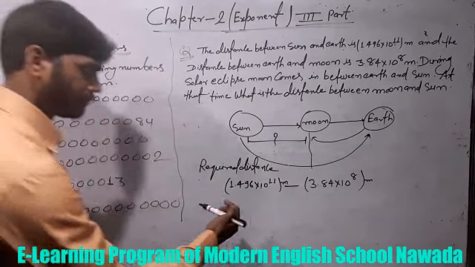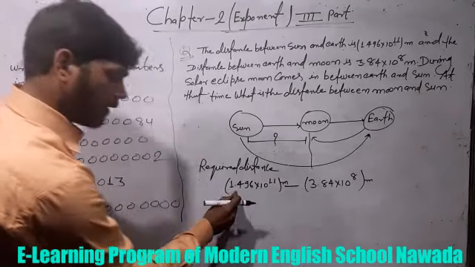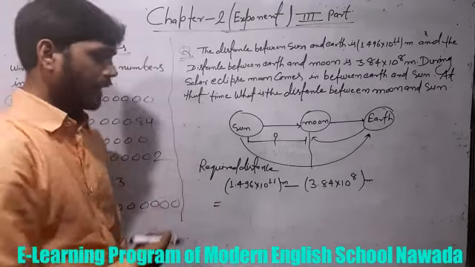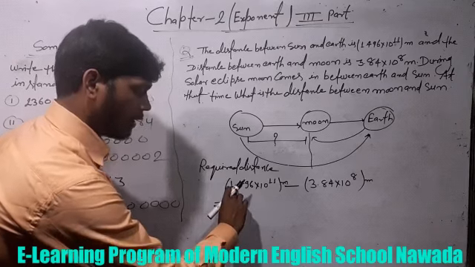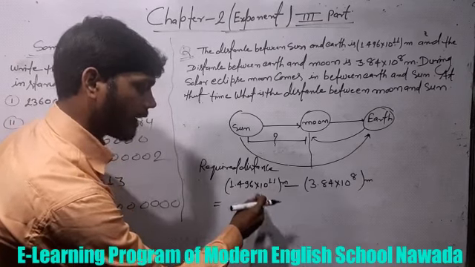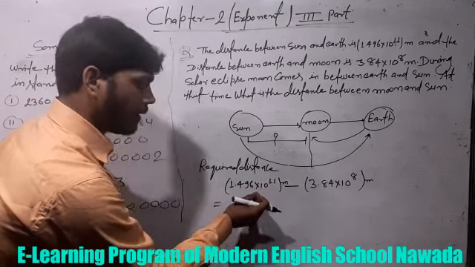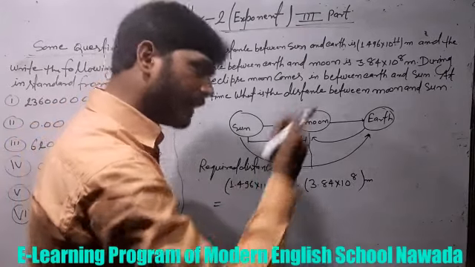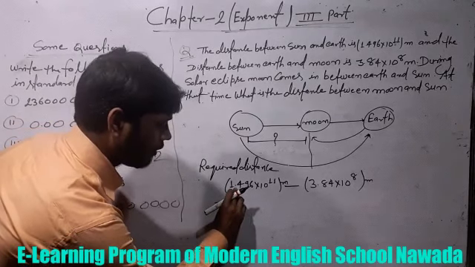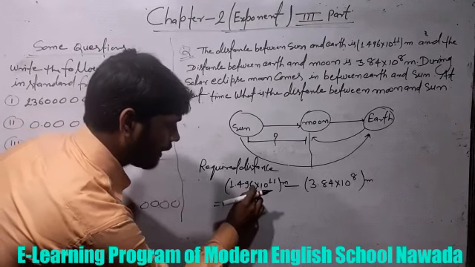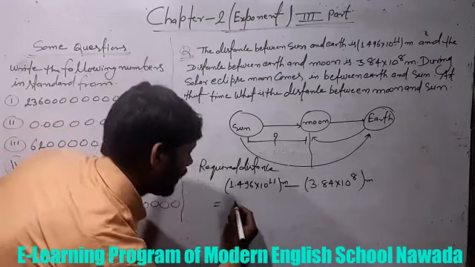How can you change? Previously I discussed that when the point goes left to right by some digits, the power decreases.